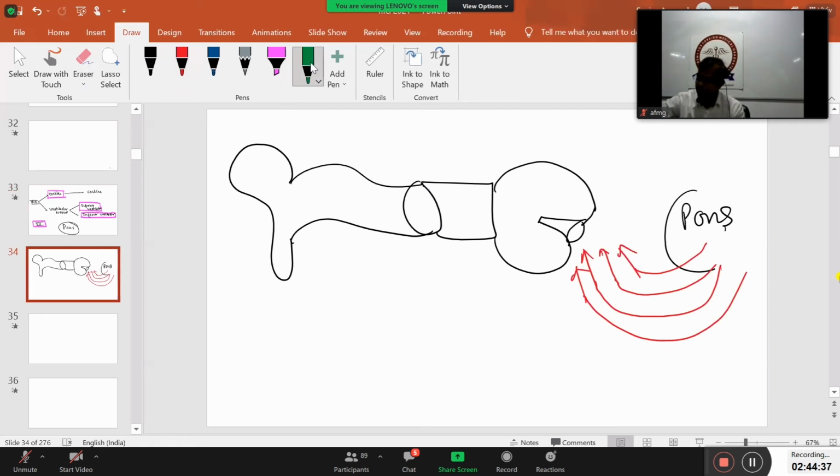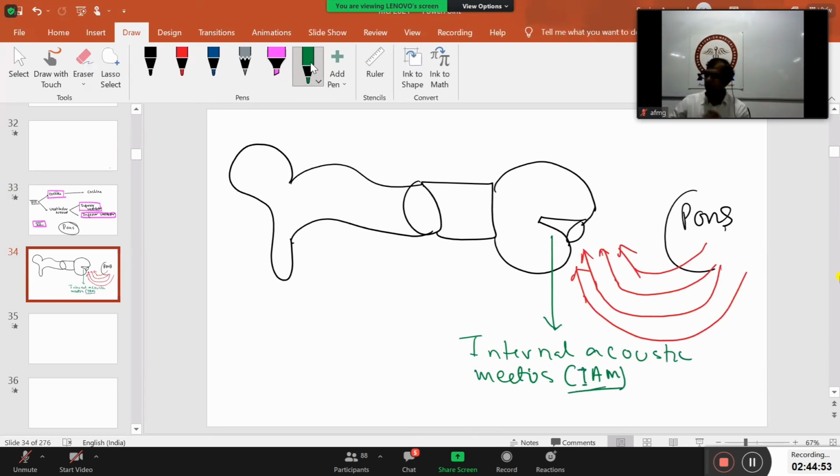What is the name of this canal? It's called internal acoustic meatus. IAM in short. Internal acoustic meatus. IAM in short.